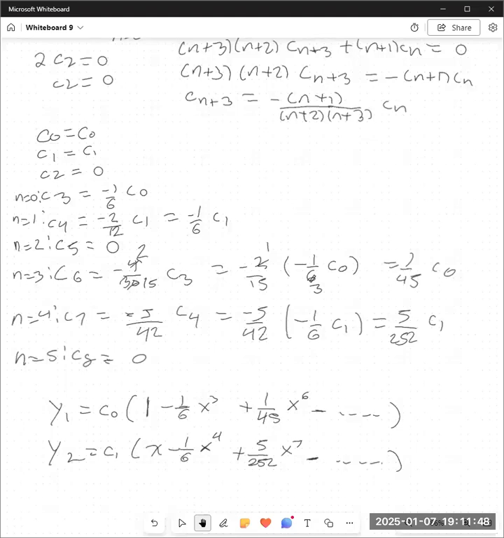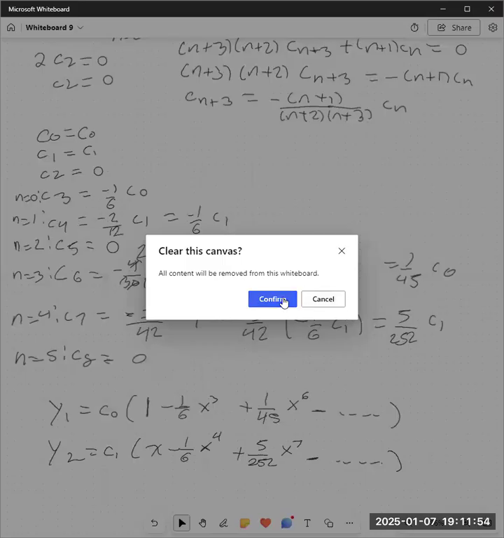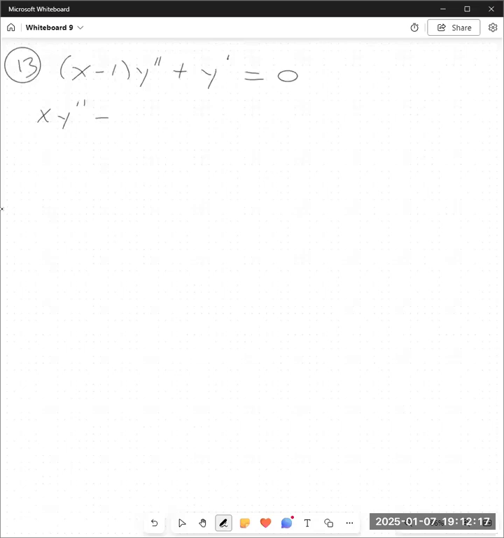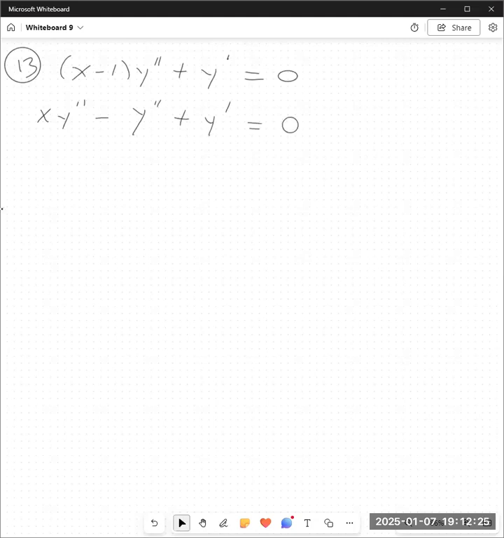Moving on to number 13. X minus 1 y double prime plus y prime is equal to 0. So I'm going to write that as x y double prime minus y double prime plus y prime is equal to 0.